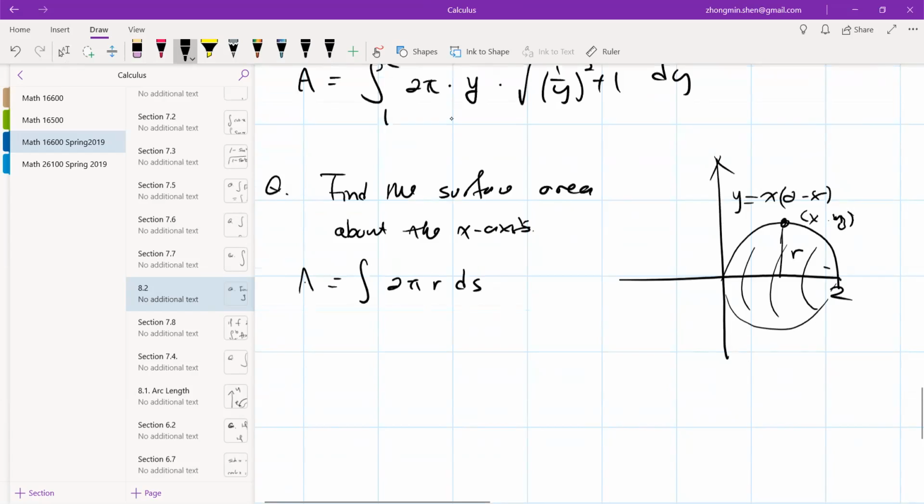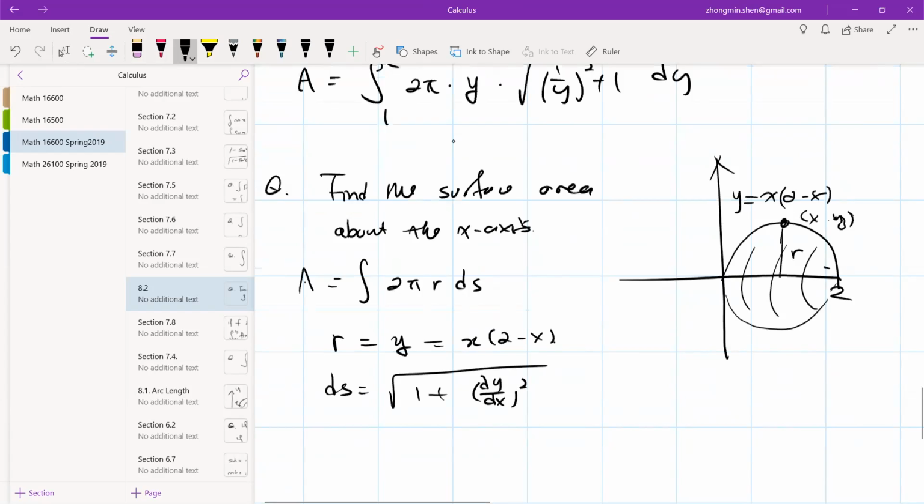I think I should use the x variable for the integral, not the y variable. First of all, r is going to be y. Y is going to be x times 2 minus x. Then for ds, I'm going to use the x variable.